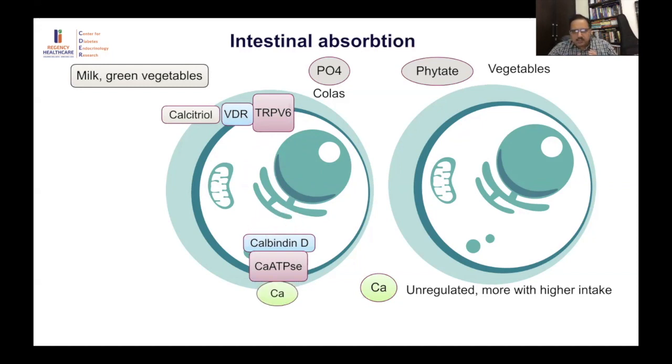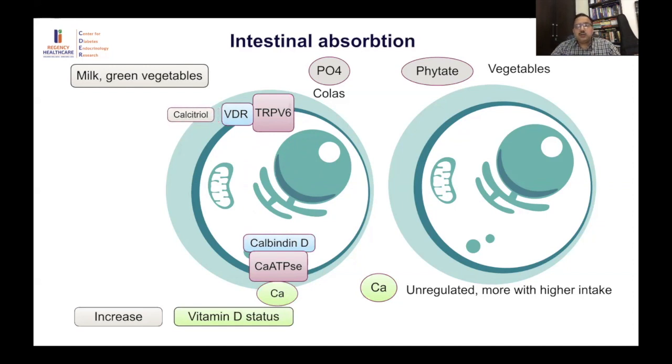So the calcium active transport is largely regulated by calcitriol, and it would increase based upon the vitamin D status. So in situations where there is vitamin D deficiency, only 25% of the ingested calcium is going to be absorbed. While if we have sufficiency, we will have around 40% absorption. So vitamin D status is an important determinant of how much calcium will go through the active transport.